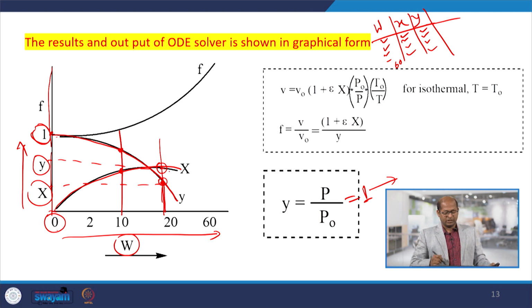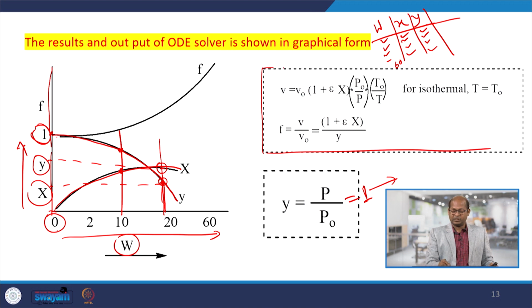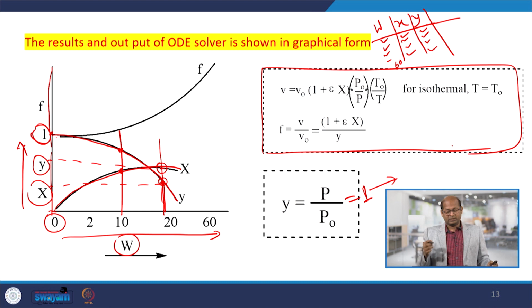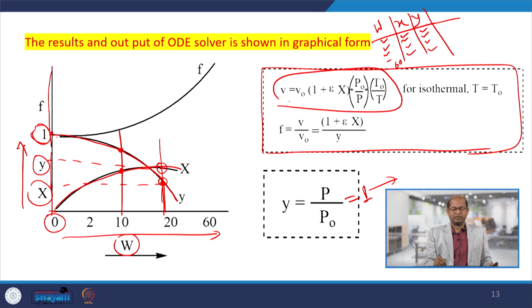Similarly, when the reactant is passing through the reactor, the volumetric flow rate also changes with the pressure change and conversion change. Here is how they are related: V equals V naught into 1 plus epsilon X, P naught by P, T by T naught. If we consider T equals T naught, an isothermal condition, this part we can eliminate, and P by P naught equals y.